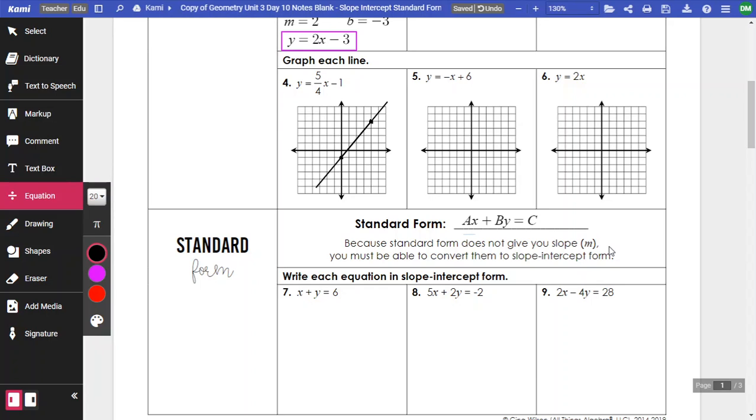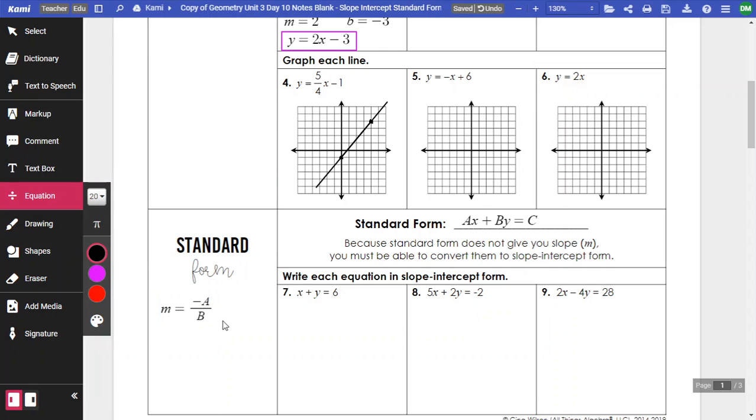And this author wants you to convert them to slope-intercept form, which we'll do. But I want to show you something. So this says because standard form does not give you slope, we need to convert it. Well, it kind of does. So our slope is always going to be m equals negative a over b.